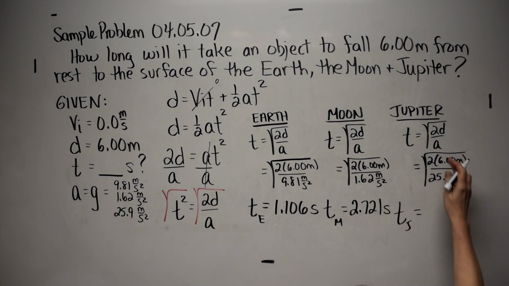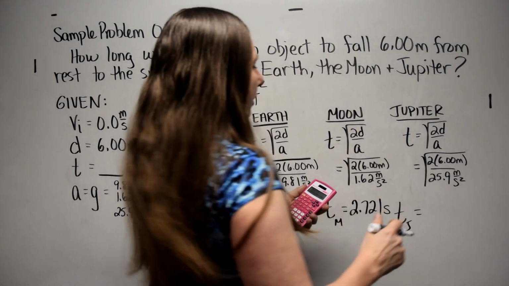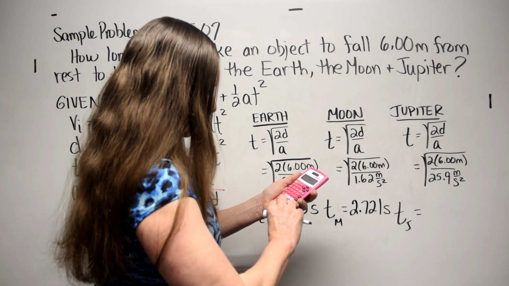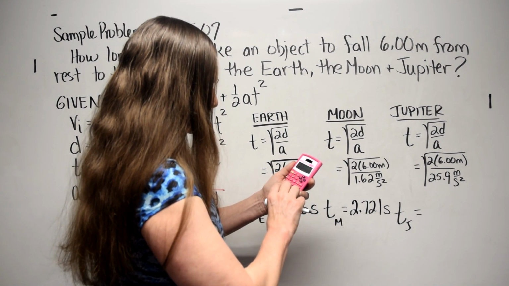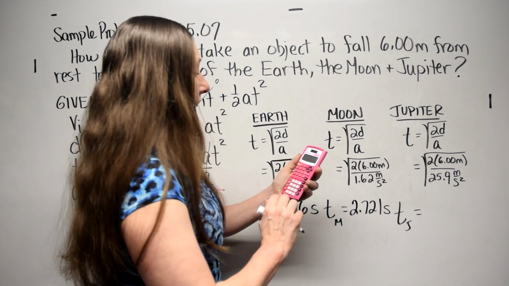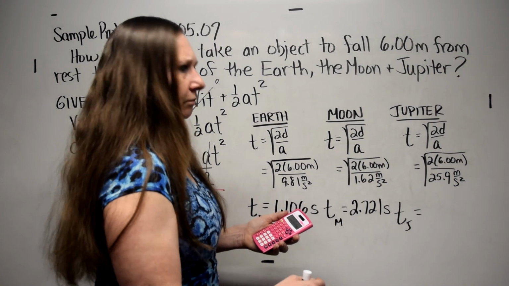And finally here, 12 divided by 25.9, then take the square root. What people forget to do is take the square root. Now, what did I do wrong here? The first time the answer I got was like 35, and that's wrong.